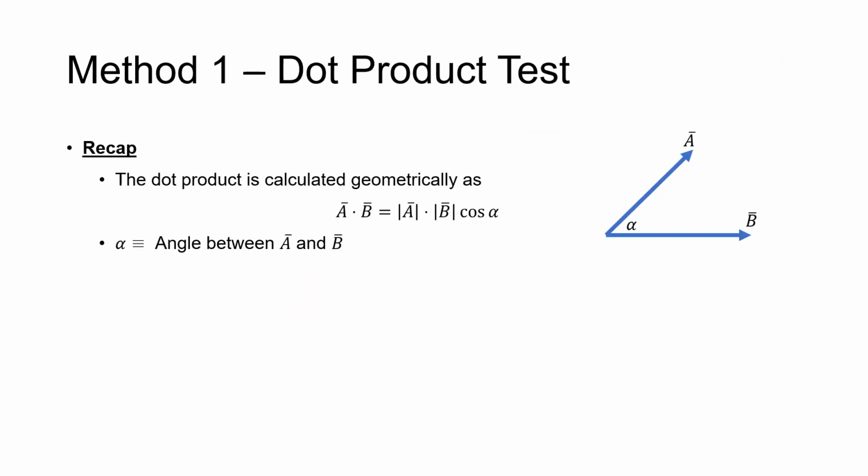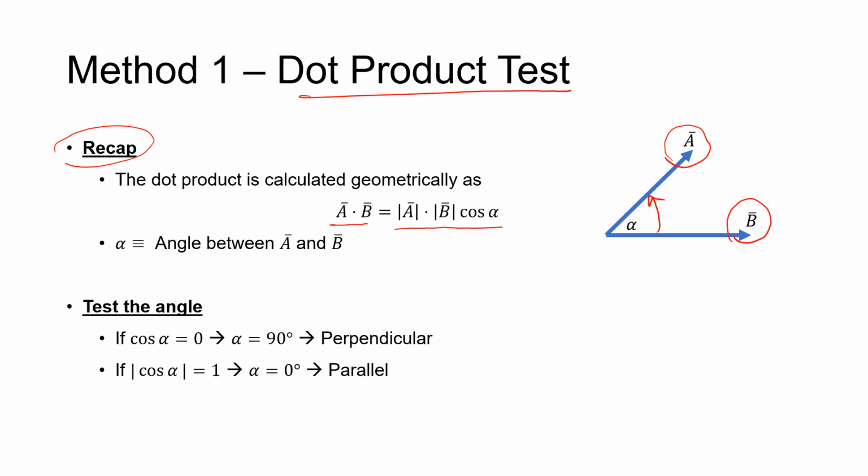Now let's learn how to determine whether two vectors are parallel or normal using the dot product test. Let's first recap the dot product. We learned that if two vectors a and b have angle alpha between them, the dot product is calculated as magnitude a times magnitude b times cosine alpha.